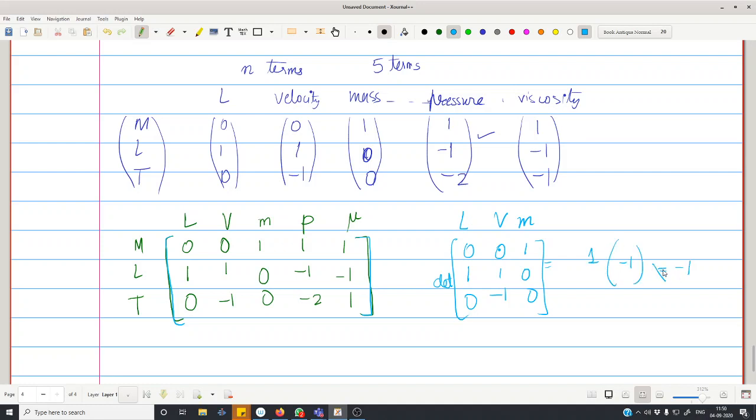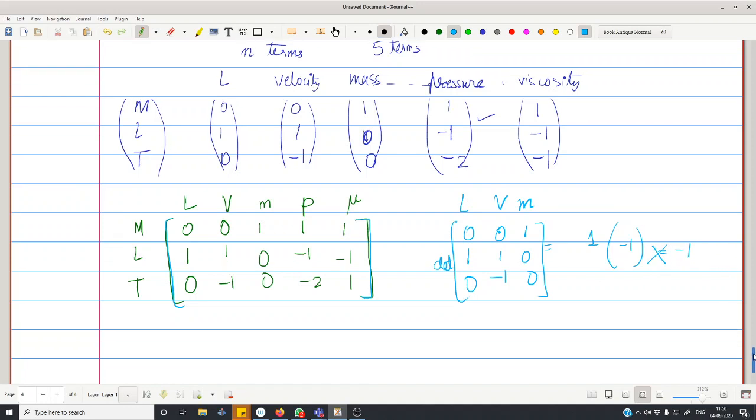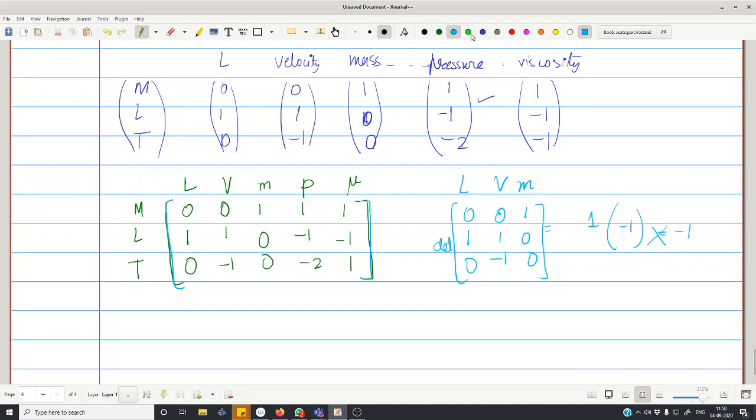So the determinant is obviously non-zero, meaning L, V and M can form the basis with the help of which I can represent pressure and viscosity.